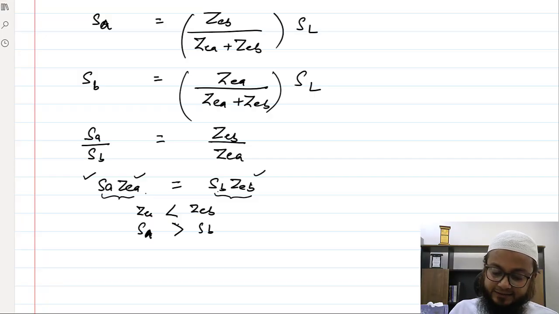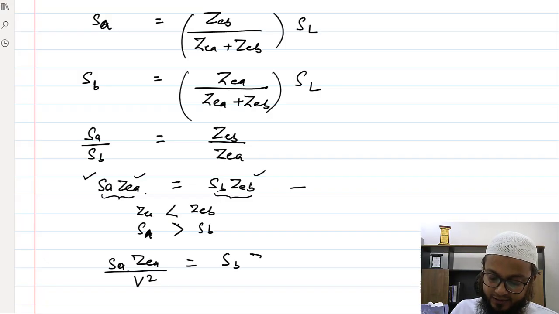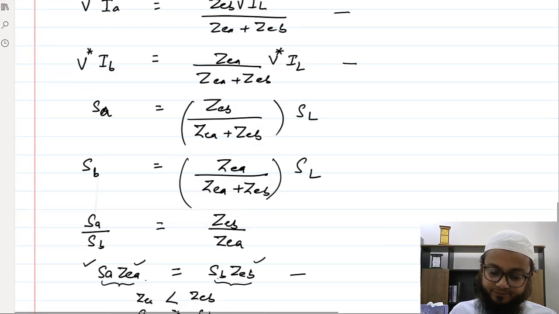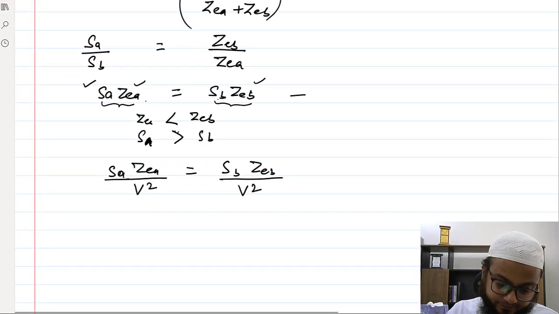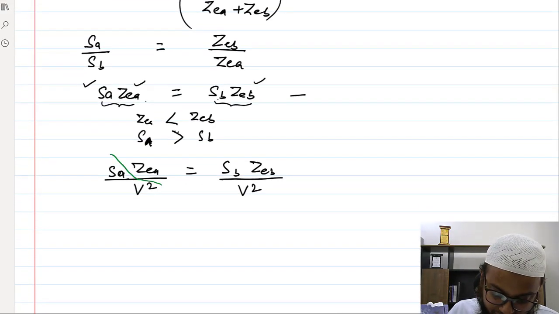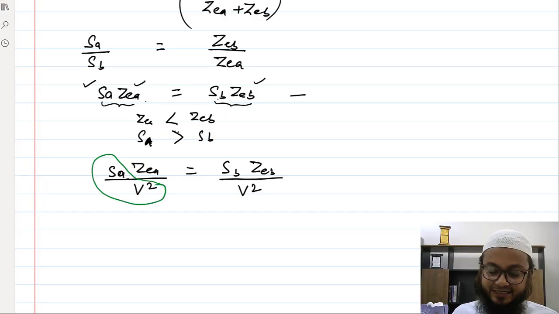If I divide this equation by V squared, SA ZEA upon V squared is equal to SB ZEB upon V squared. V squared is this voltage here, right? So what is this expression? V squared by SA, that is the per unit.